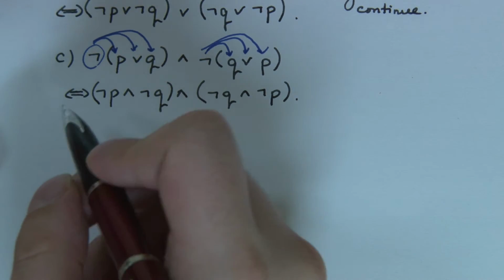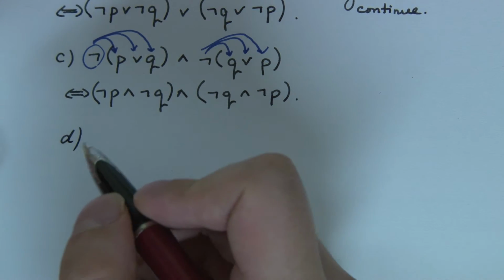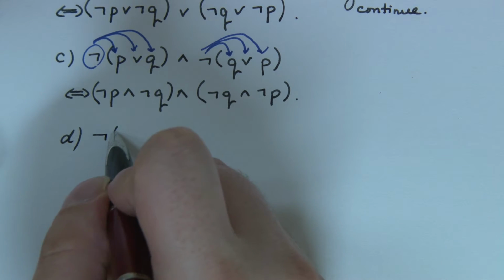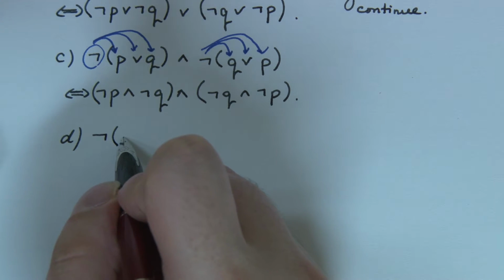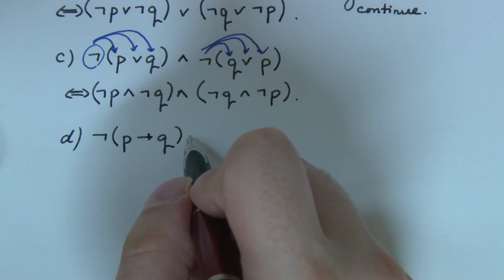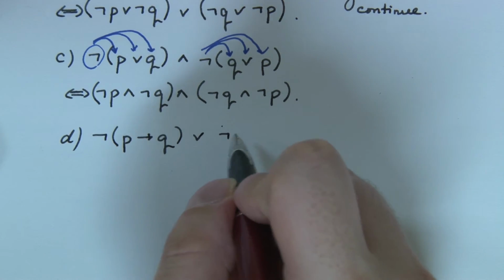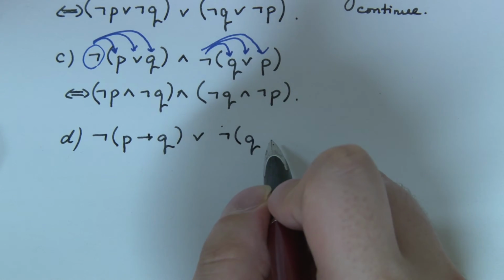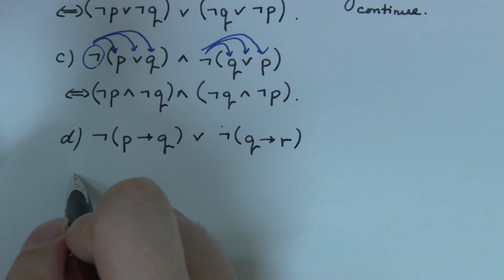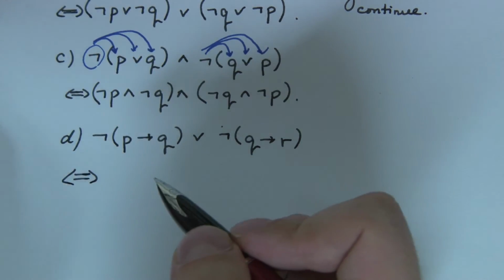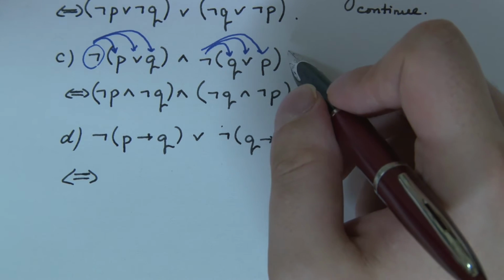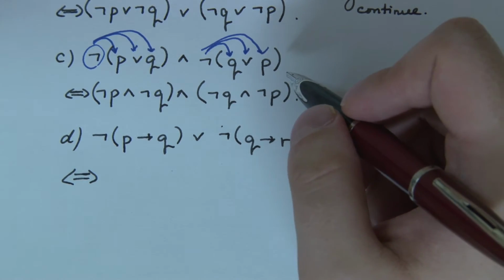D is interesting because it's going the reverse direction. We can do it. So I have not P implies Q, or I have not Q implies R. So this way, instead I have the end result here and I want to go back to the original.